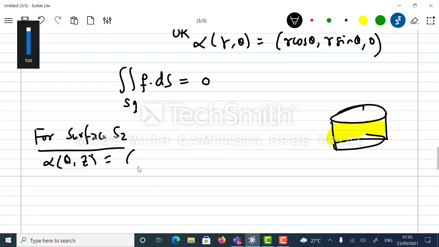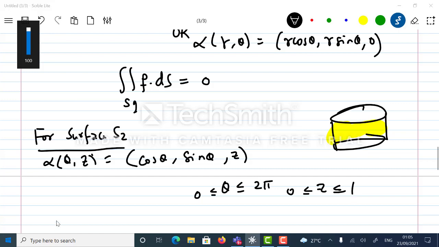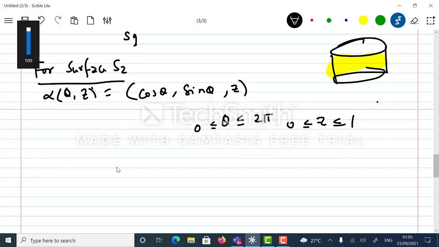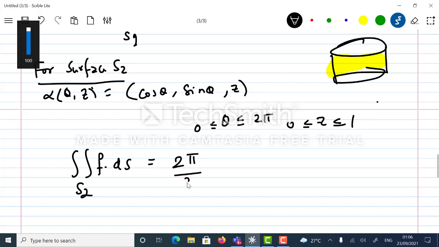So it is r cos theta, so 1 cos theta, 1 sin theta, and z is z. Now here theta is between 0 to 2 pi and z between 0 to 1. It is mentioned. So again, if you solve it for the surface S2, then what answer will you get? So the integral over S2 of F dot ds is equal to 2 pi by 3. You can check that.